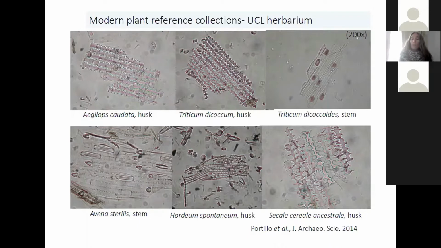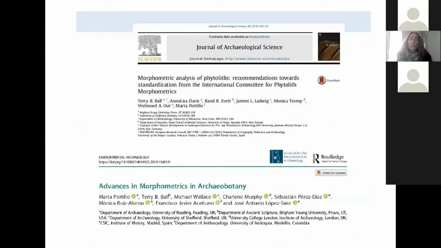And we can reach taxonomical information to species level through phytolith morphometrics, from the board of the International Phytolith Society. We've been working over the last decade on promoting these morphometrical approaches towards the standardization of this approach, because it's critical for the discipline to reach identifications to species level.